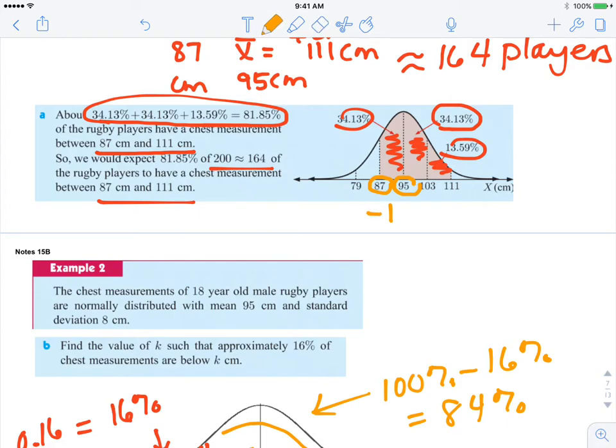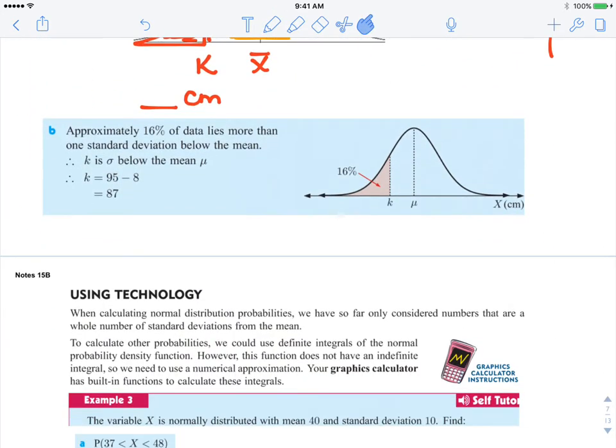This is 1 standard deviation. So we're looking for below that standard deviation of 87. So this is 87 centimeters minus 1 standard deviation. So our answer is 87 centimeters.